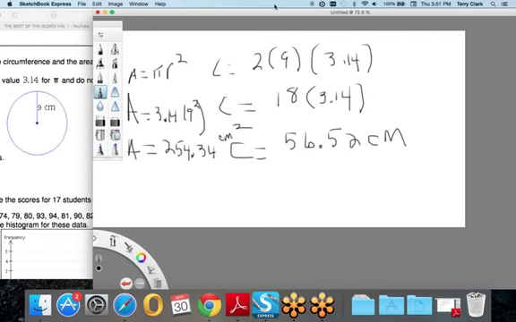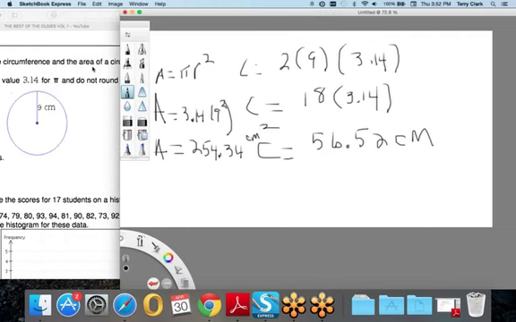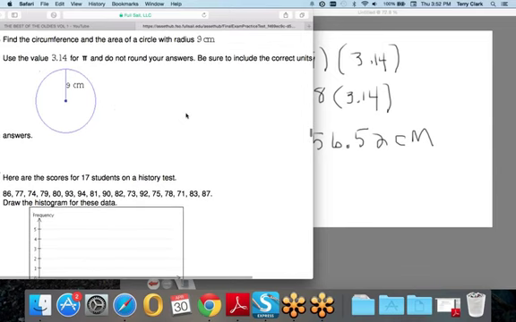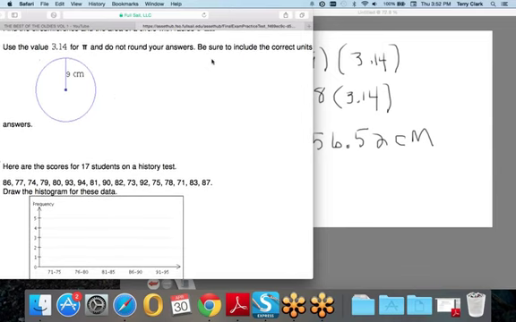Make sure you put square centimeters there. When you guys put that in your calculator, is that what you came up with? Okay, great. Make sure on the circumference that it's just centimeters, and on the area it is square centimeters.